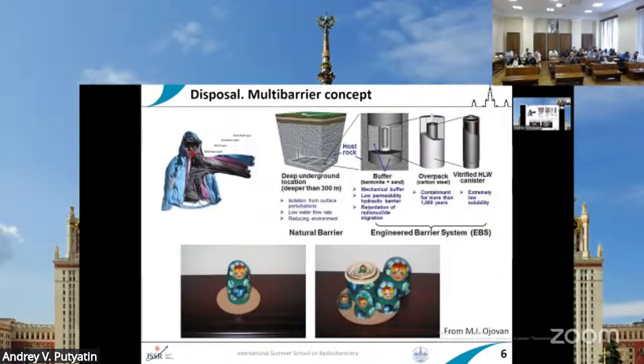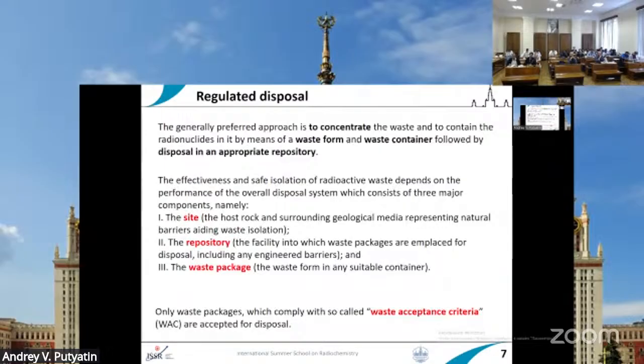Then there is a canister or cask for our radioactive waste, and the buffer material located between our cask and the geological media. So it is like a multi-layer coat, or this Russian doll, matryoshka, as we call it in Russia. So, multi-layers.